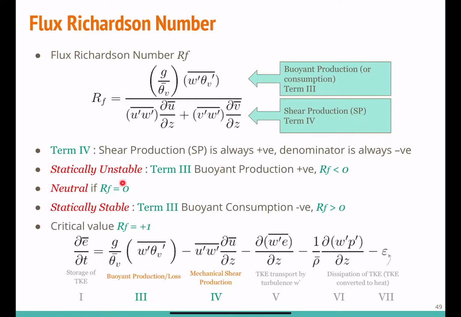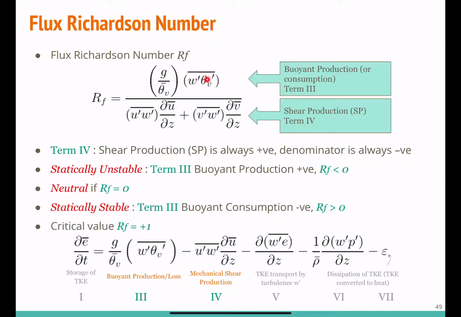Okay, so for the statically unstable condition, the buoyant production is positive. So the top here is positive and this one is always negative. So we have negative for this flux Richardson number when we are looking at the statically unstable condition.